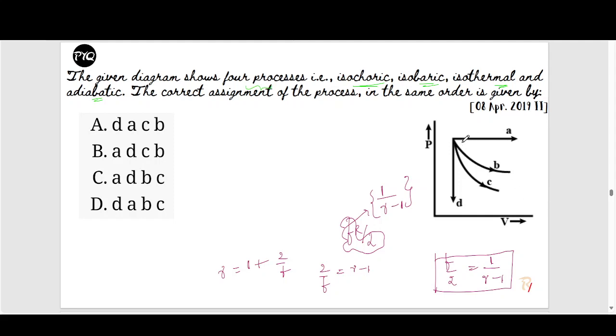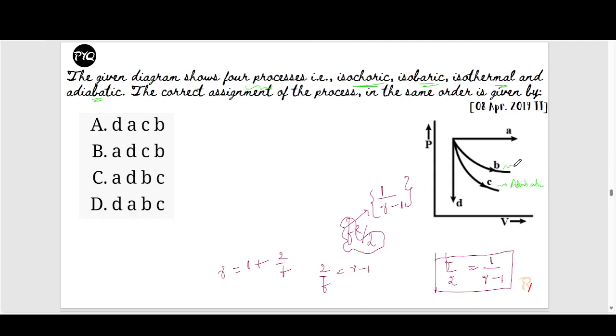From this graph, as I have said earlier, very steep means adiabatic.